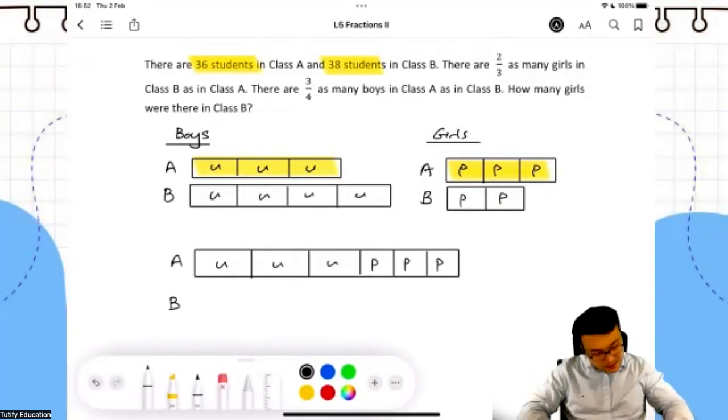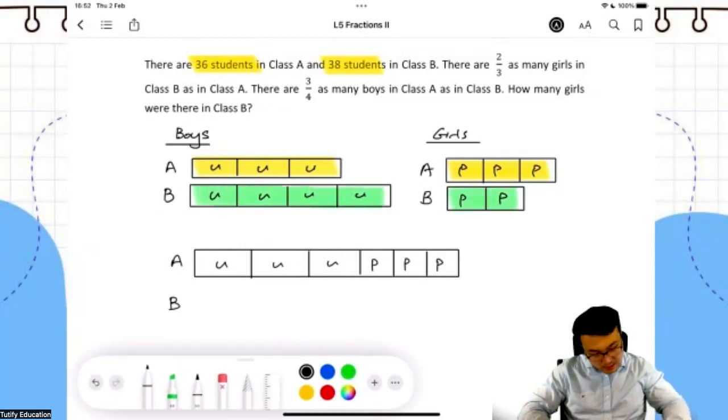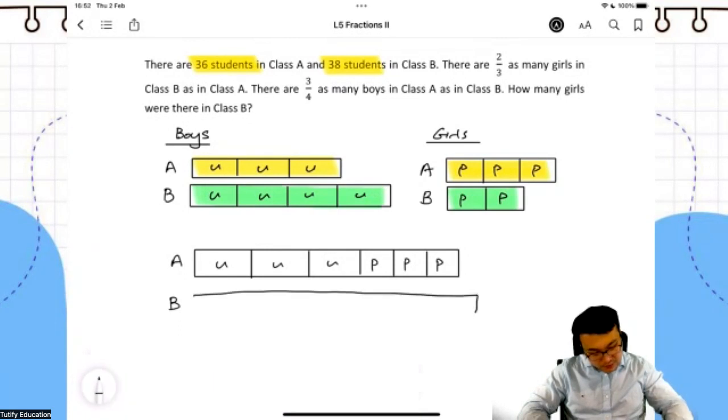Now, looking at class B, 4 units of boys, 2 parts of girls. Okay, let's do it. 4 units of boys, 2 parts of girls.